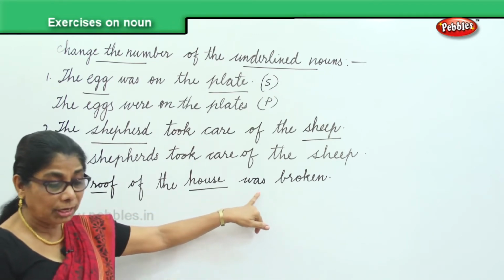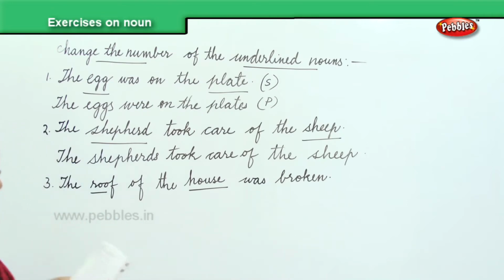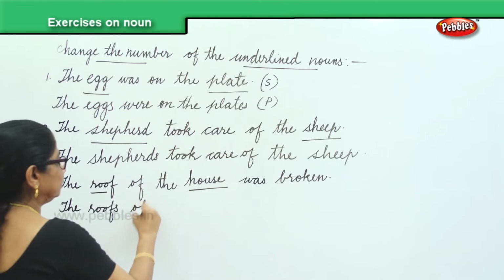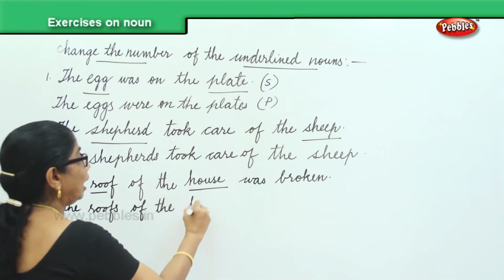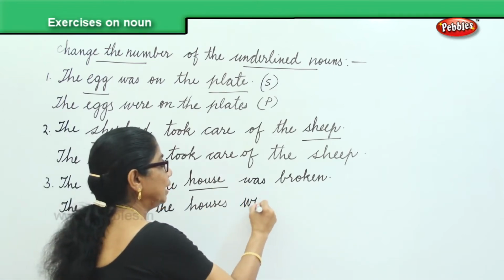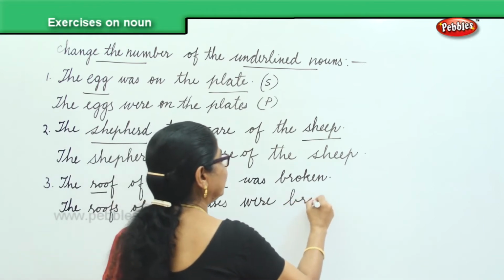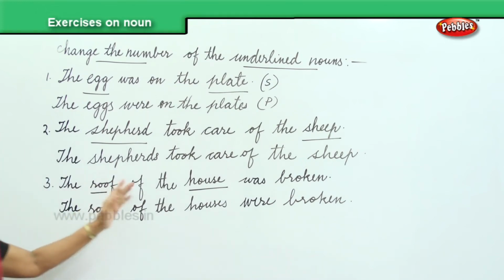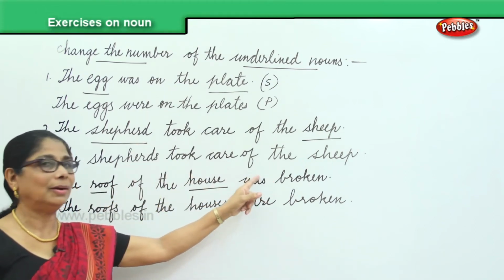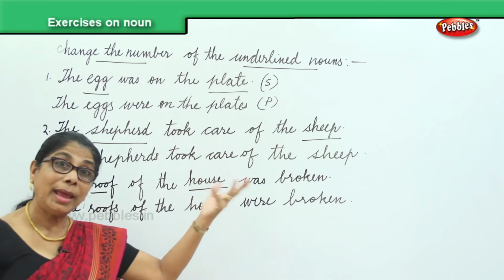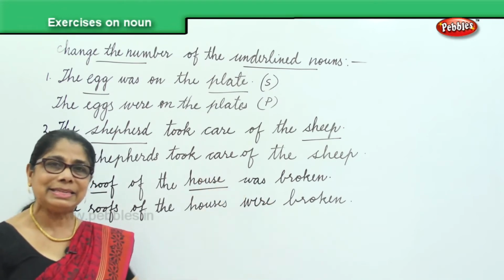So, what will happen to was? You will say were broken. You change the verb, were broken. So singular form, the roof of the house was broken, singular was. Now, when you change it to plural, the roofs of the houses were broken. Very simple, easy if you read it aloud.